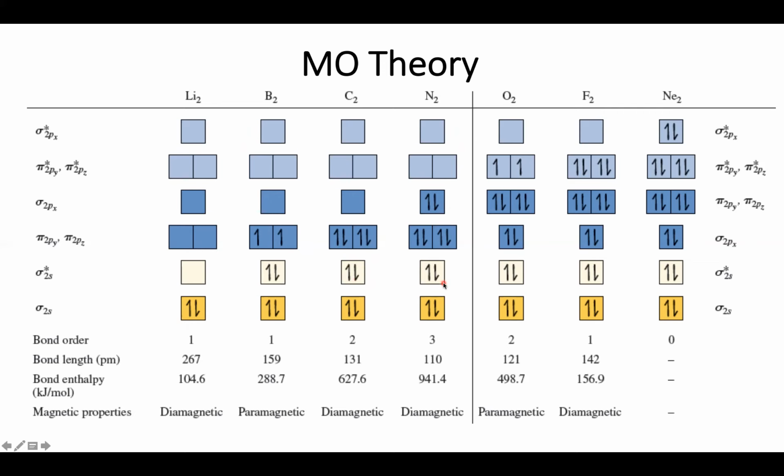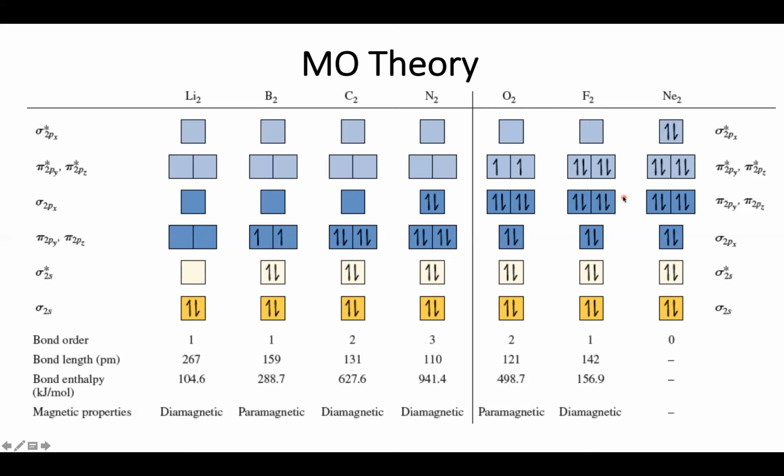And then when we get to nitrogen, it can get that full triple bond with everybody paired up, so no response to a magnetic field. Oxygen, even though I threw more electrons into the system, which you'd assume would allow the bonds to be closer, instead, these electrons start tearing apart the system, and I have a bond order of 2, and that paramagnetic field.